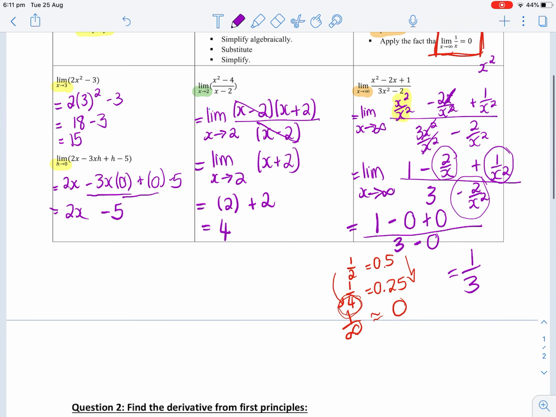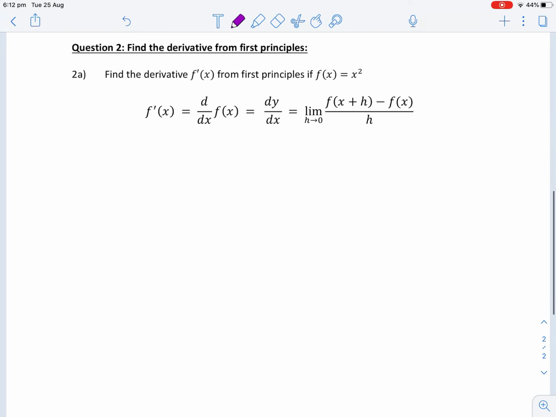We're now going to look at differentiation from first principles. Symbols, notation used for differentiation. If we're differentiating f of x, the derivative can be shown with f dash x, or with d dx of f of x, or dy dx.